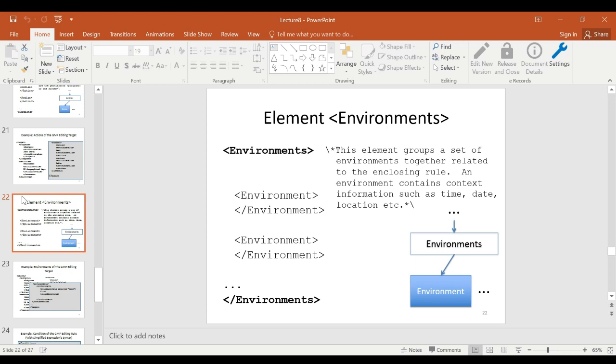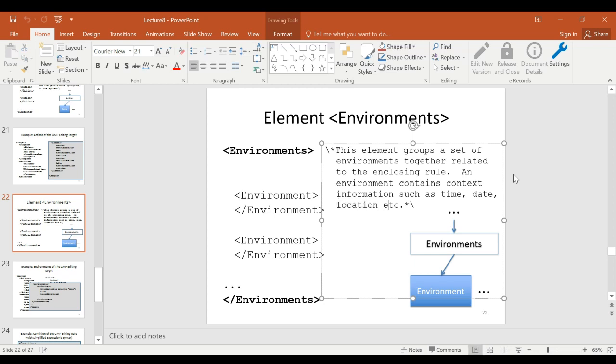So generally, a good example of that would be information related to the context, okay? And context very simply could be things like the time of the request, or the date of the request, or the location of the request, or indeed any other contextual information.